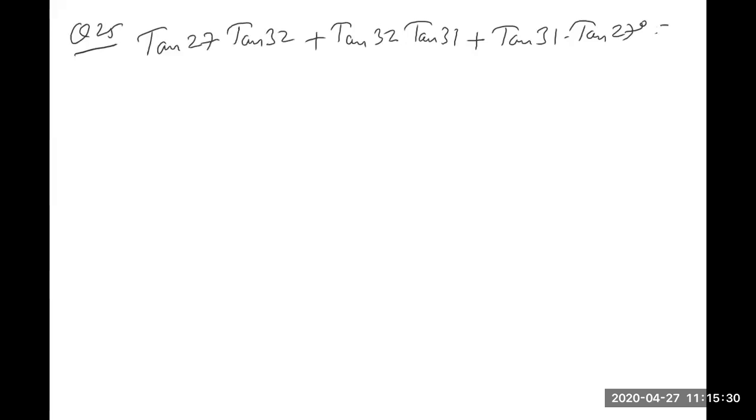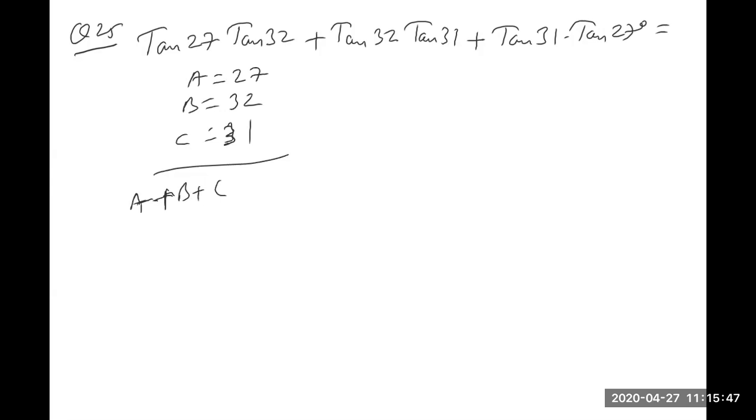So if you observe here, if you take A is equal to 27, B is equal to 32, and C is equal to 31, A plus B plus C is how much? 7 plus 2, 9 plus 1, 10, 0, 6, 8, 9, 90.